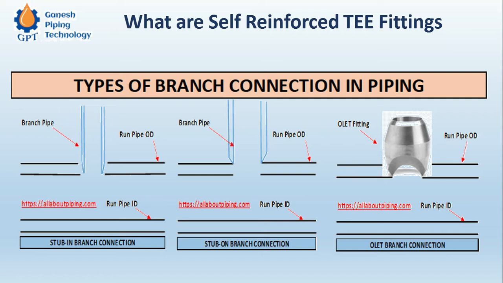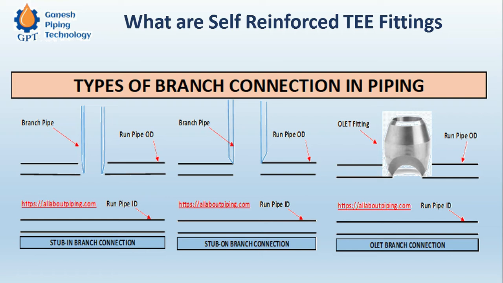So commercially we have T, and there is a special video about these T fittings, which we have already done. You can scroll through our video list and you will find that video. In that we have the standard T fittings, which are the equal butt welded T or equal socket welded T, and the reducing T's.